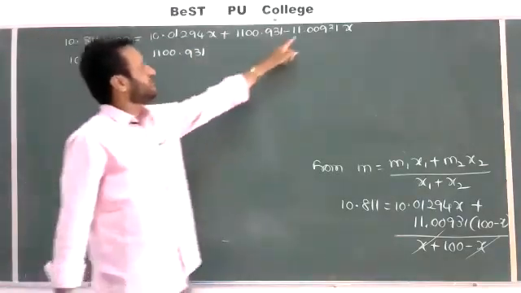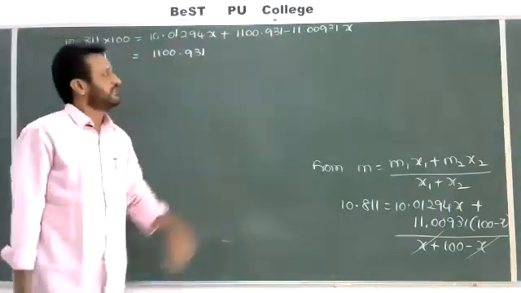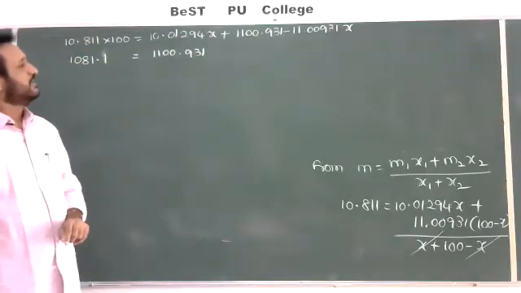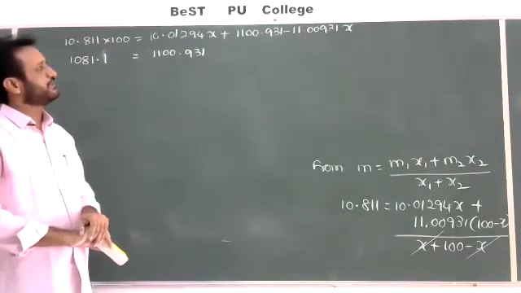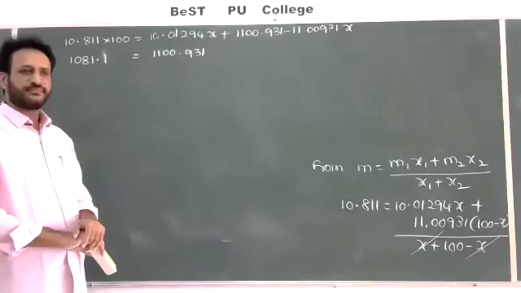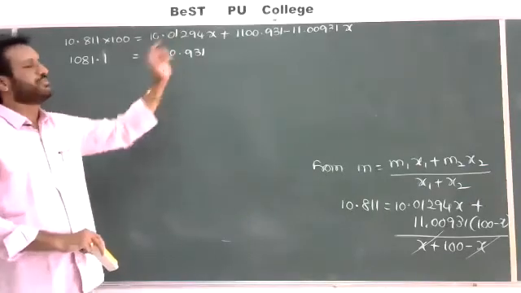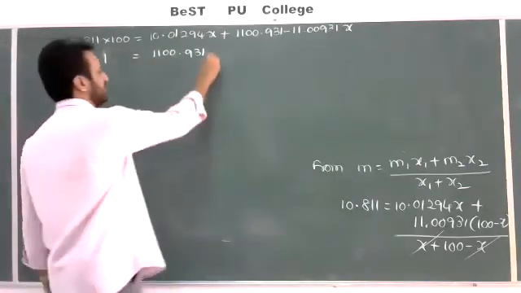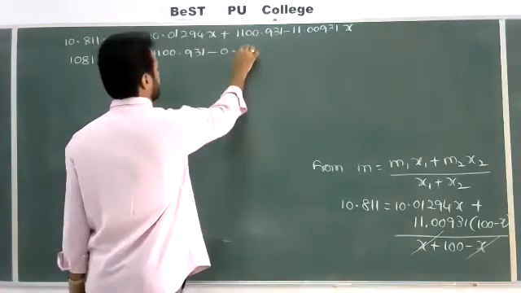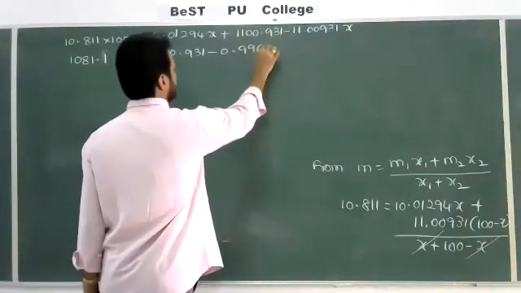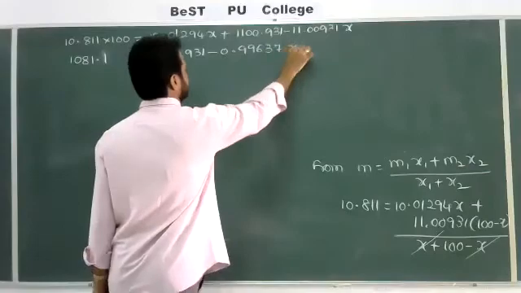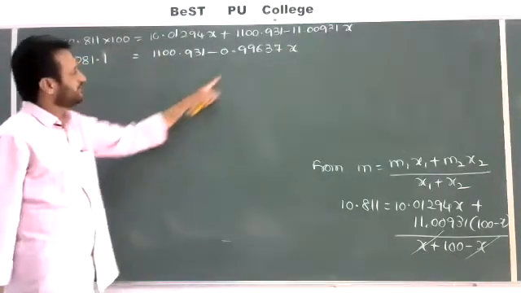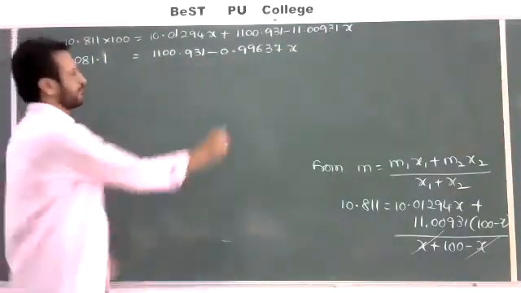Here subtract this value minus this value: 11.00931 minus 10.01294 gives 0.99637, into x. Take this value to the left side and this value to the right side.